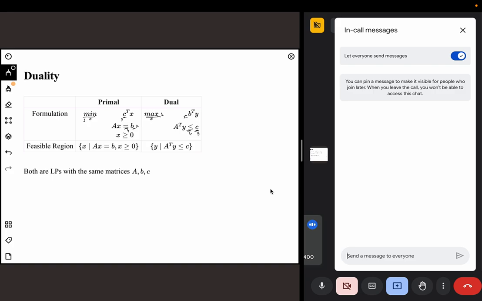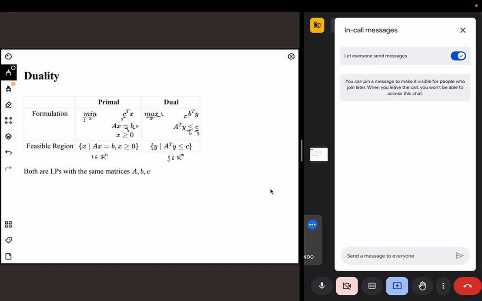With these changes, the first one is called the primal problem, and the second one is called the dual problem. If you see the feasible regions for both of them, the feasible region here is the subspace of x, and the feasible region in the dual problem is the allowed values for the variable y. The dimension of x here is R^n, while the dimension of y here is R^m.